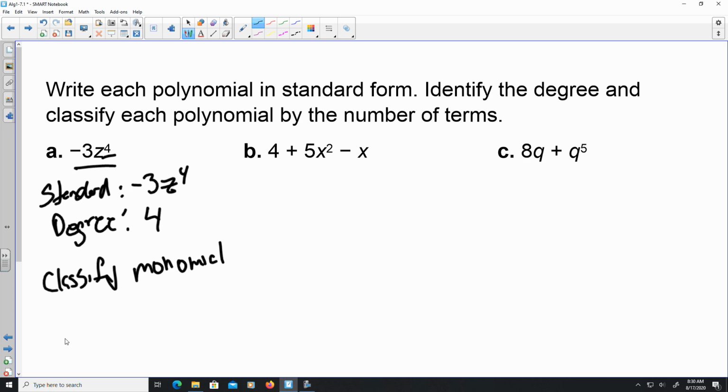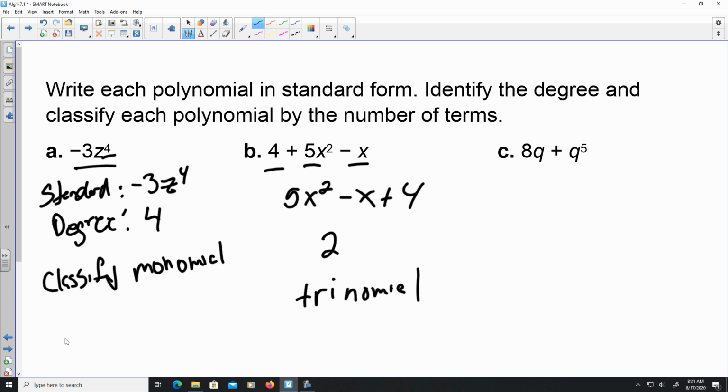Looking at part B, our largest exponent degree is 2, so to put this in standard form, it's going to be 5x squared minus x plus 4. Our degree in this case is 2, and the classification, it has 1, 2, 3 terms. 3 terms means that it is a trinomial.